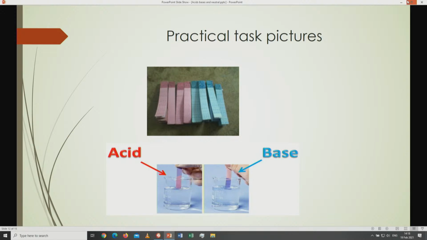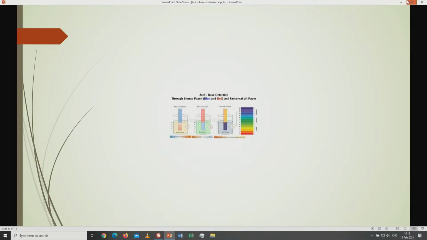When you're performing a practical task, right, acid-base detection through litmus paper, blue and red, and universal pH paper. We can dip them in different solutions.